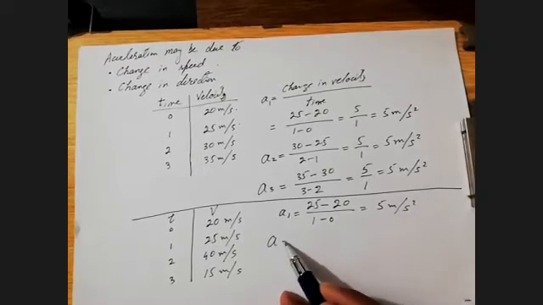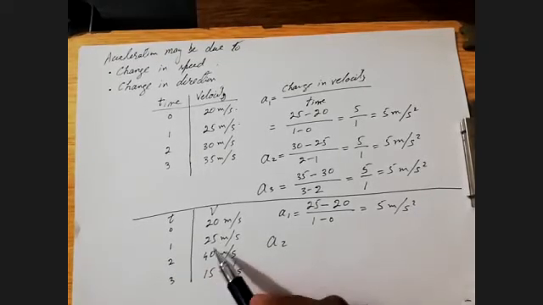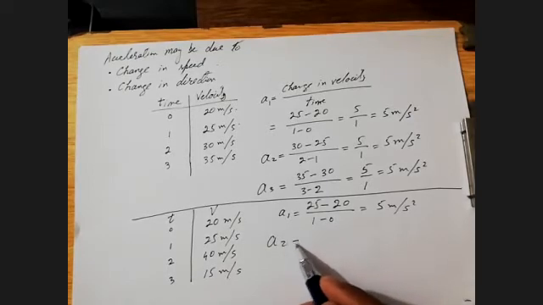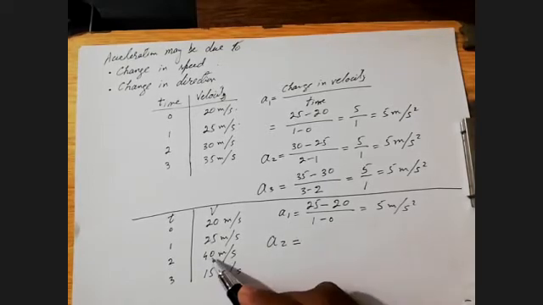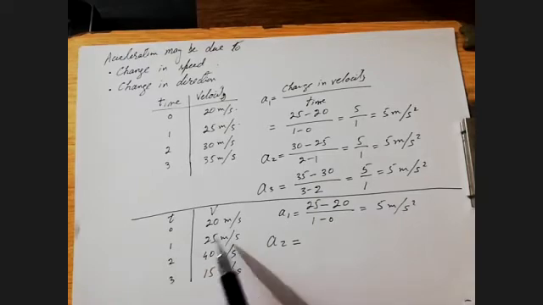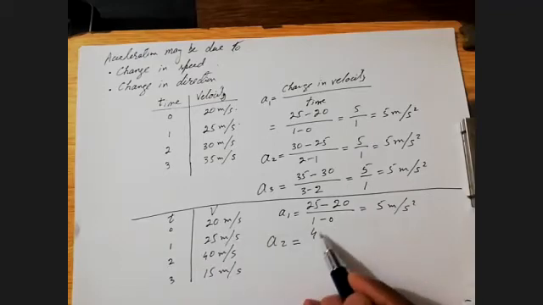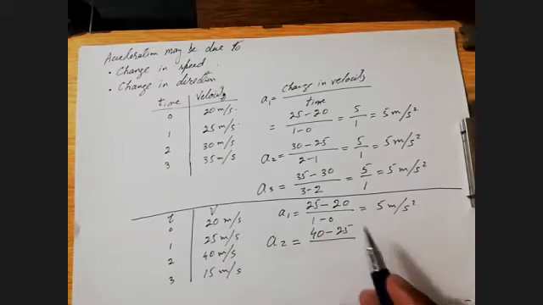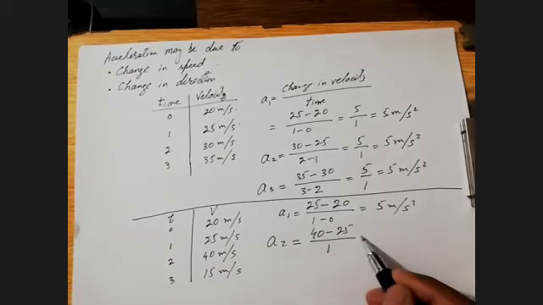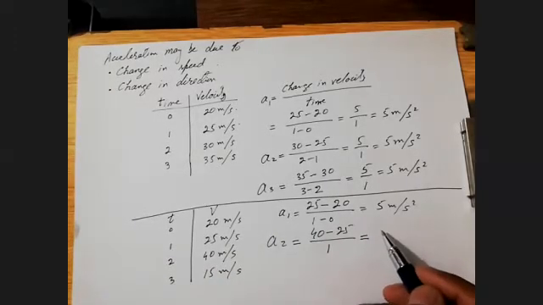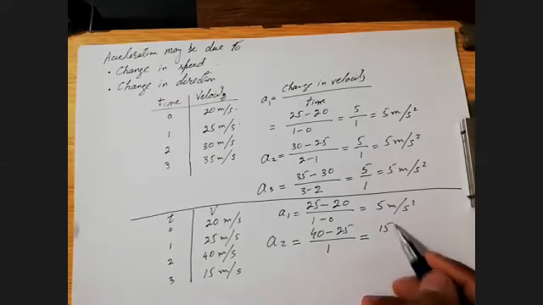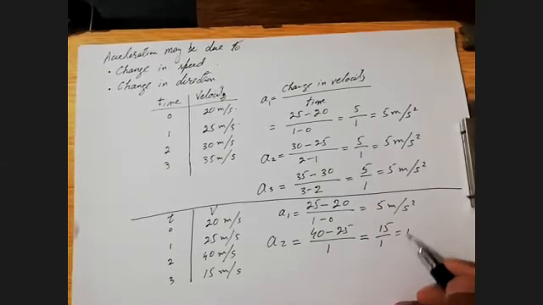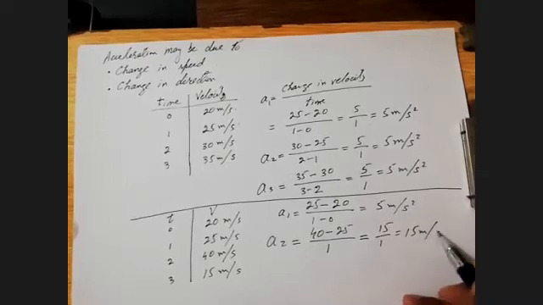Now another acceleration for the second interval of time, A2, final velocity minus initial velocity for this interval of time, 40 minus 25 over 2 minus 1 is 1. So here it is 15 over 1, which is equal to 15 meter per second square.